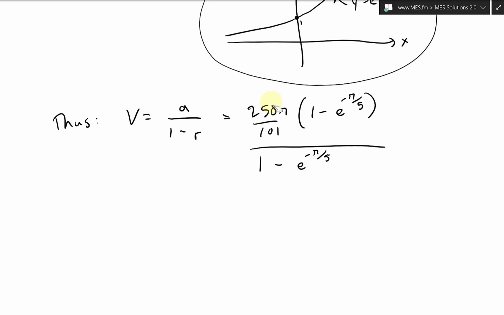So in other words, the top and bottom cancel, and this whole thing cancels with this. So we're just left with 250 pi over 101, exactly as our first solution. So yes, that's pretty fascinating stuff.